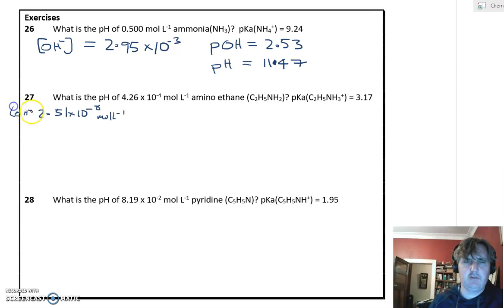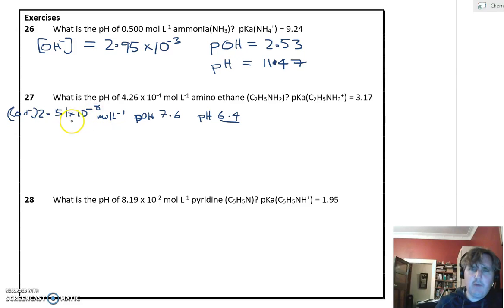Now, if we actually find the pOH of this, we get the number of 7.6. Okay, this is the pOH. That would mean that the pH would be 6.4. And this is a weak base. And you say, well, how can I have a pH that's acidic? Well, actually, you can't. And this is where this breaks down.